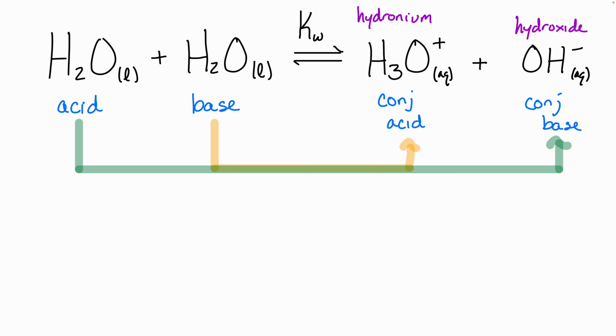All right, and considering that both of those products, hydroxide and hydronium, would be considered aqueous, everybody take a second and give me the expression for Kw, like we learned how to do in our equilibrium chapter. The what over what? Products over reactants.